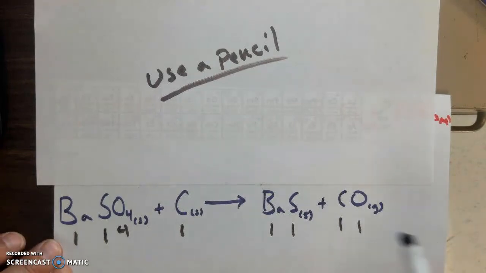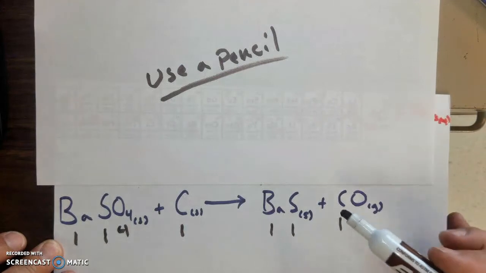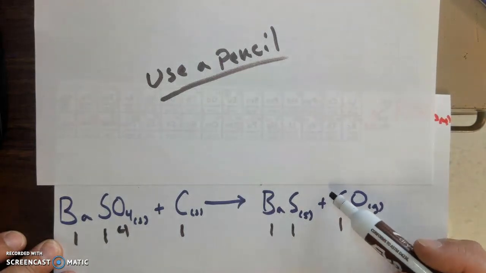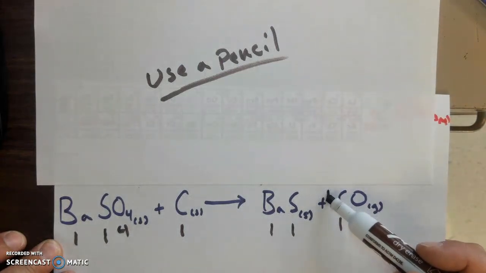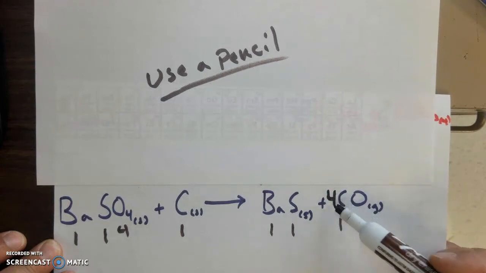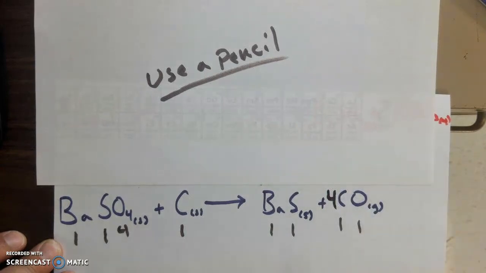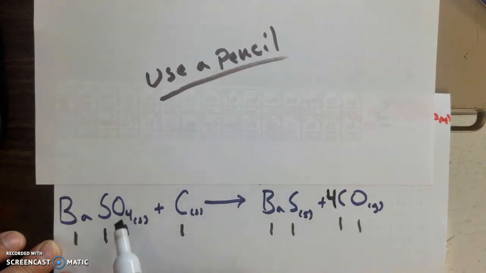So if we were using a pencil, we wouldn't have to worry about scribbling stuff out. But let's see what would happen if I put a 4 right here. And if it doesn't work, I'll have to scribble it out because I wasn't smart enough to use a pencil. Okay, now let's start our count over. One barium, one sulfur, 4 oxygens, 4 oxygens.